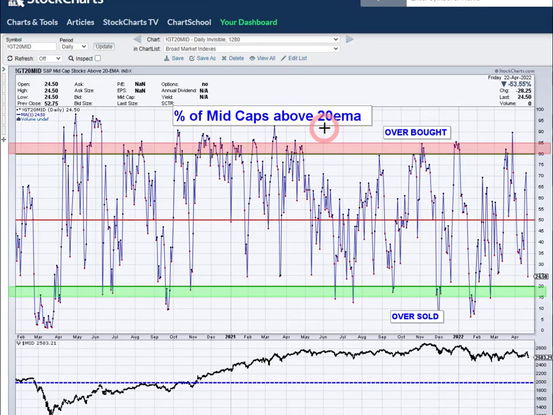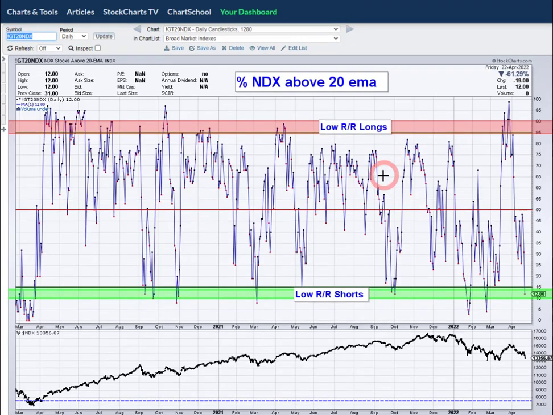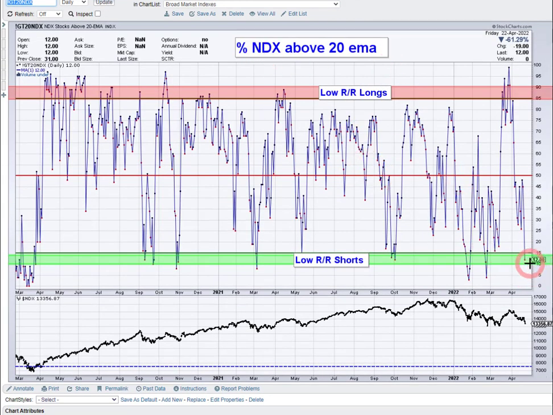I'm going to run through a series of charts here that show you where we're at in the different segments of the market. Here we are on mid caps, diving towards oversold, getting really close. Here's the NDX. We're already down in the oversold area where there's a low risk reward for continuing to stay short.